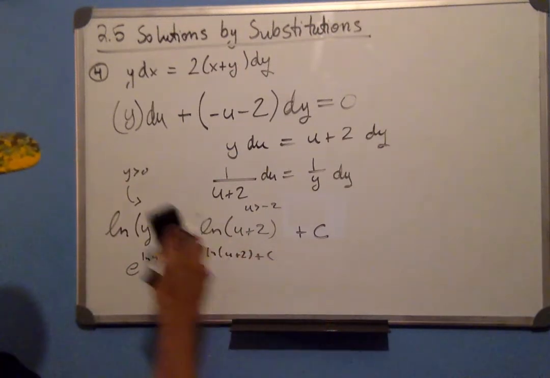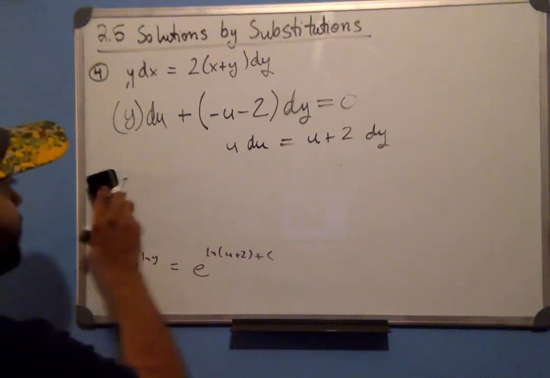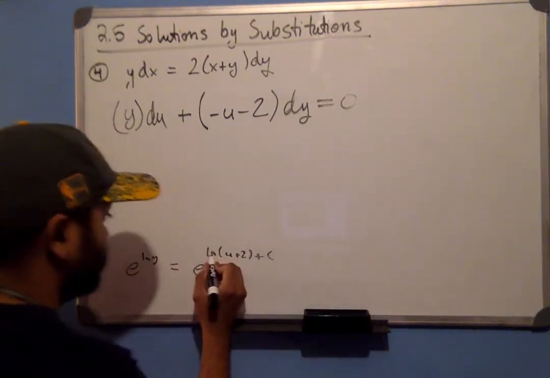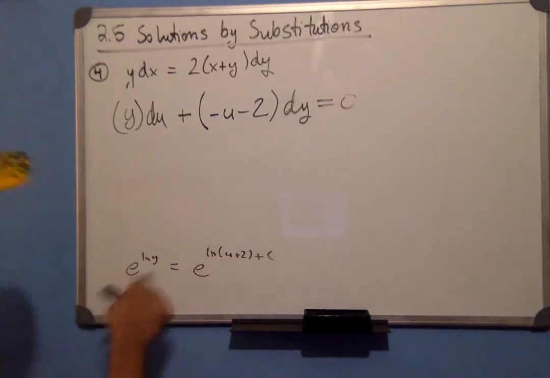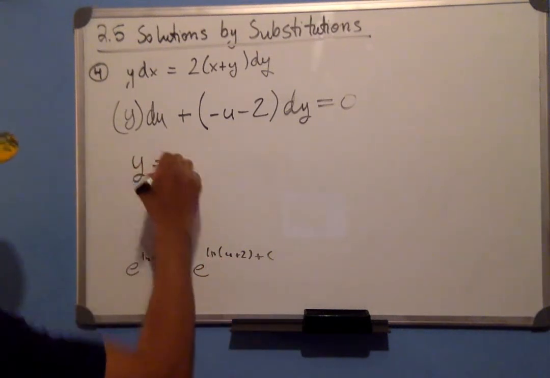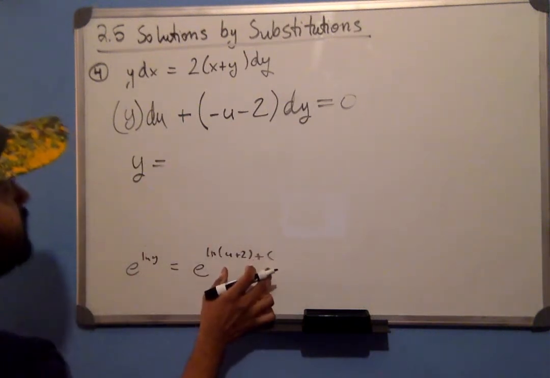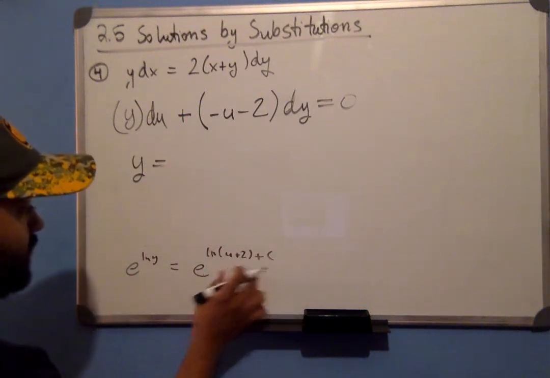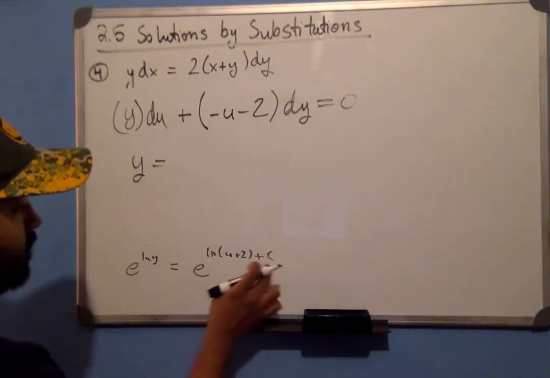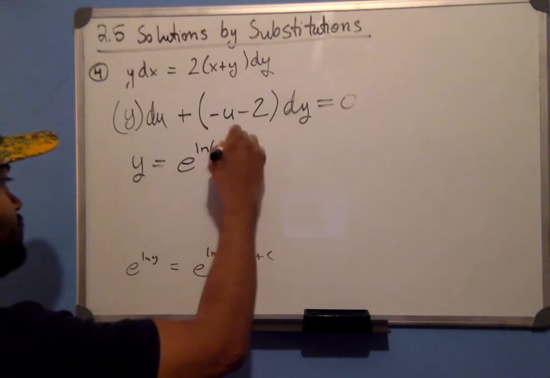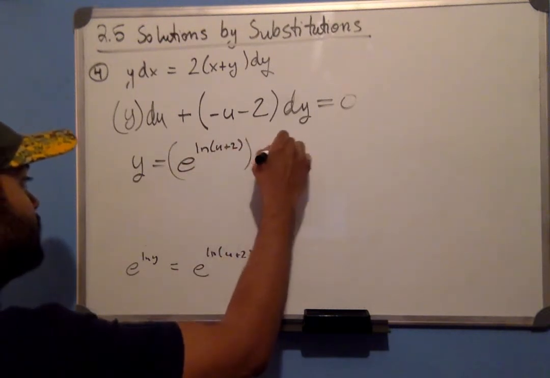Okay, let's erase this here, give us some more space. If anything, you could just pause the video and recopy what I was writing there. So e to the power of ln of y just gives me y here. E to the power of ln of u plus 2 plus c. As we did in the previous example with the powers of e, I know that e to the power of ln of u plus 2 plus c is the same thing as saying e to the power of ln of u plus 2 times e to the power of c.